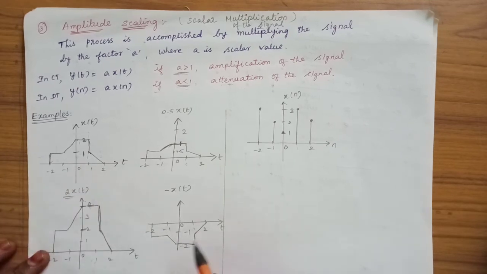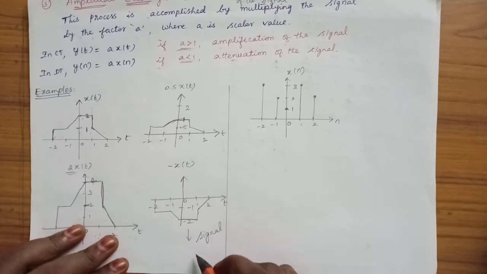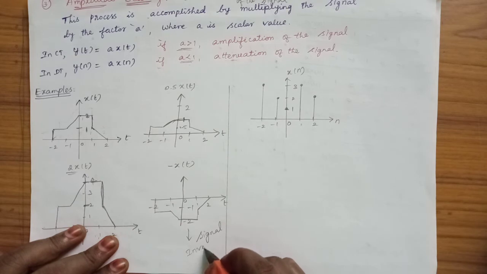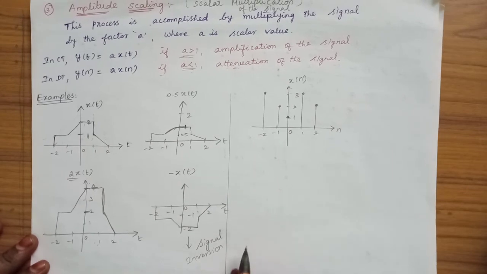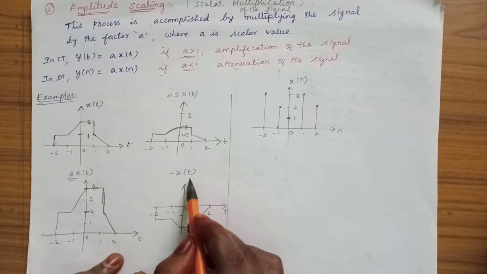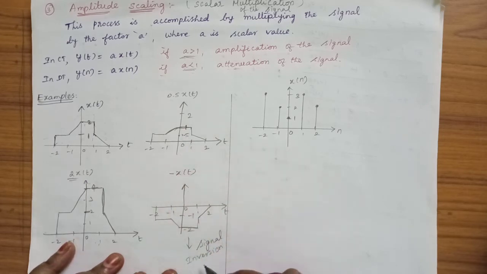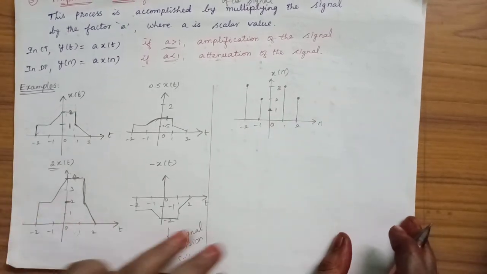This process is called signal inversion, or inverted signal. When we get the inverted signal, we multiply the original signal by a factor of minus 1.